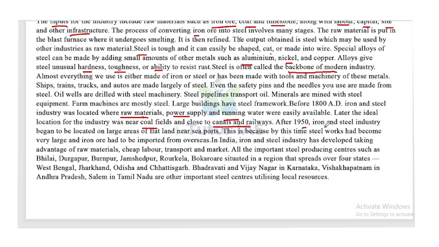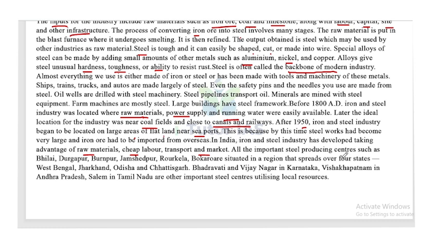After 1950, iron and steel industry began to be located on large areas of flat land near seaports. This is because by this time steel works had become very large and iron ore had to be imported from overseas. In India, iron and steel industry has developed taking advantage of raw materials, cheap labor, transport and market.